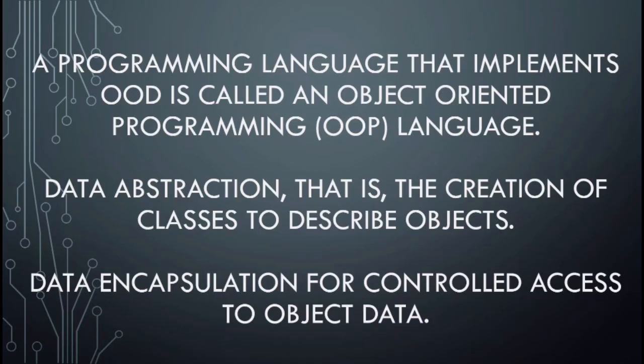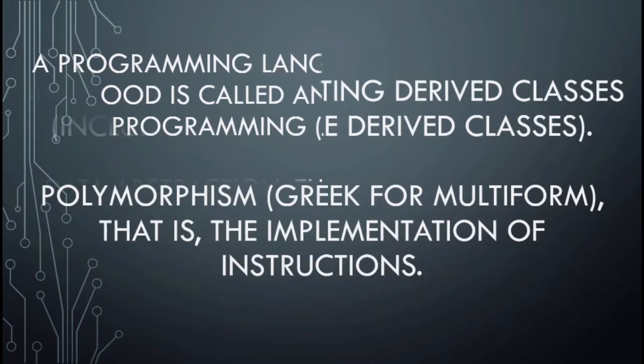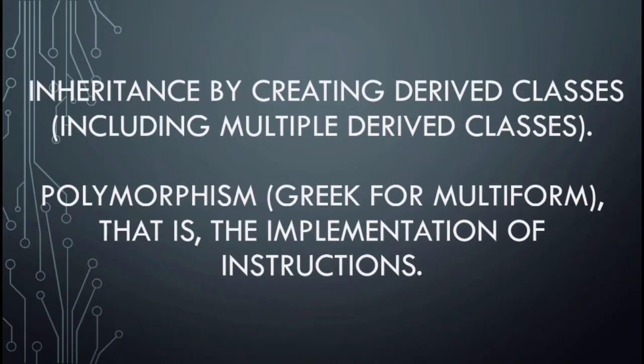Now we are going to the principles of object-oriented programming. We have data abstraction, and these principles will later be dealt with further when we go ahead. Data abstraction is the creation of classes to describe objects, and data encapsulation is for controlled access to object data. Encapsulation restricts access to internal object data and exposes only the necessary parts.